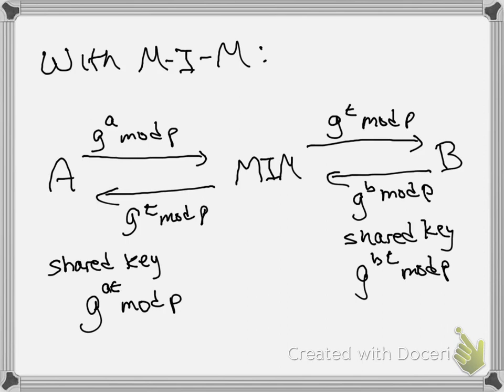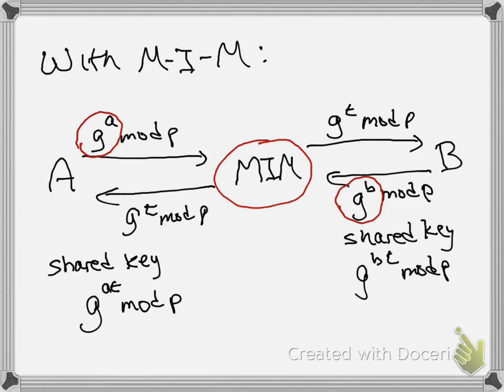So here's how the picture is altered when we have a man in the middle. So the man in the middle intercepts the message that Alice was trying to send to Bob, and the man in the middle also intercepts the message that Bob was trying to send to Alice.